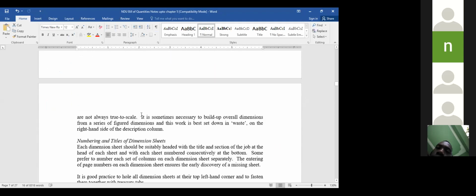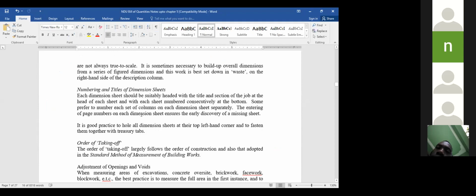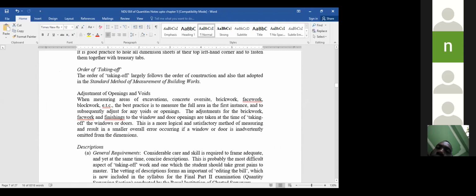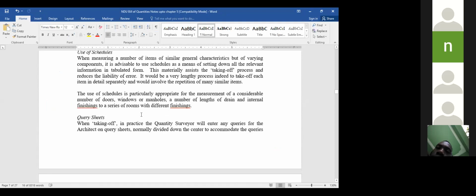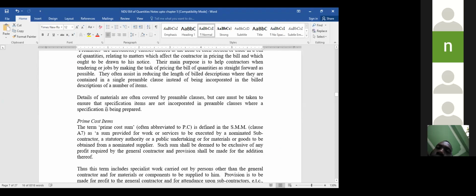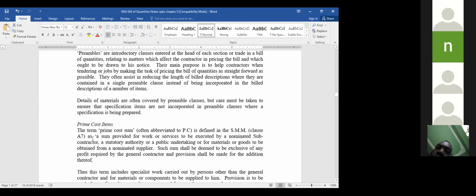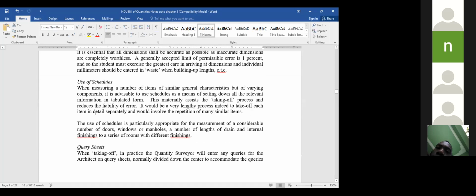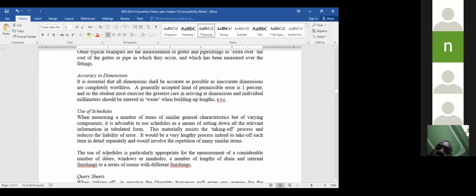Now, basically, those are some of the major things that we look at. The rest we shall look at as we move forward. So my request is that you read through these definitions, because some of these definitions are just to be read, schedules, query sheets.